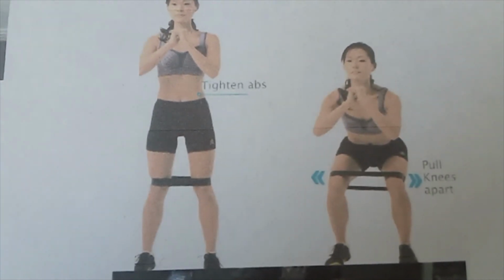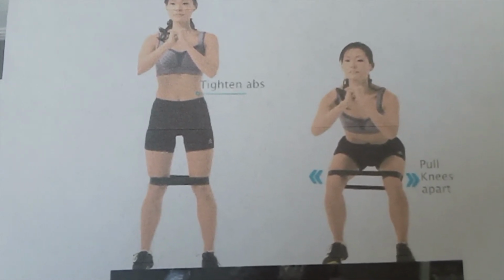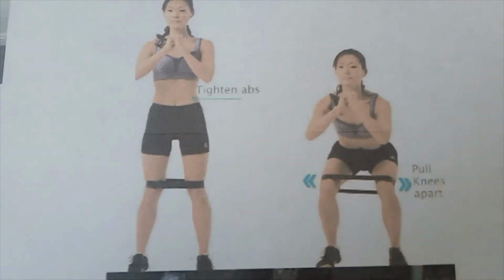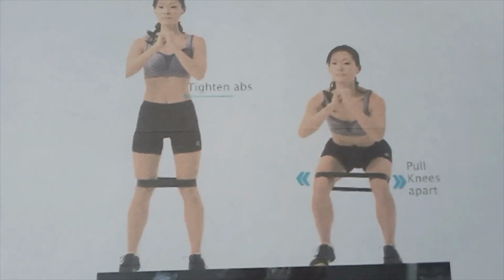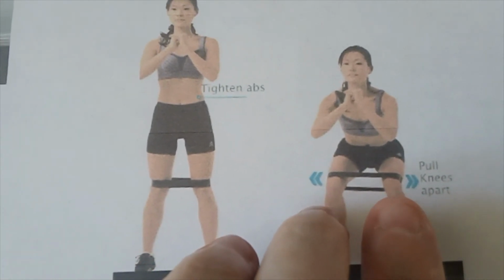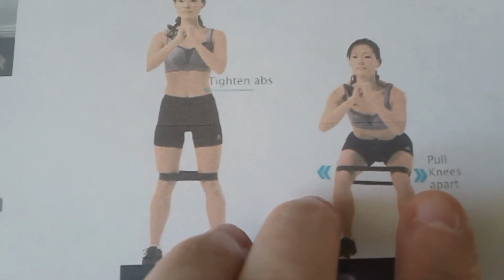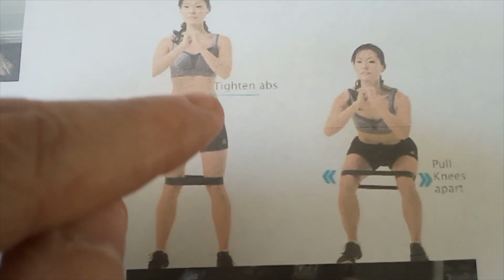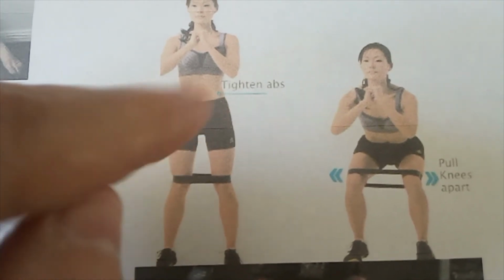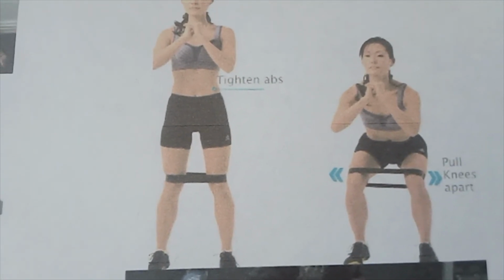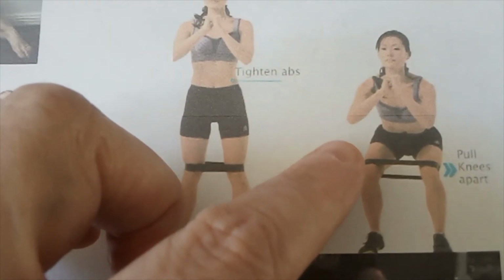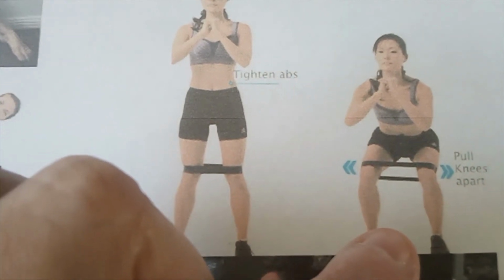And what this means is that as you squat down, you have to basically push the knees against the band to keep the resistance there, which means that you end up having to pull the knees outwards. And what this does is it will work those abductors on the outer hip and also encourage proper technique with your squatting, because you'll be keeping the knee in line with the feet.